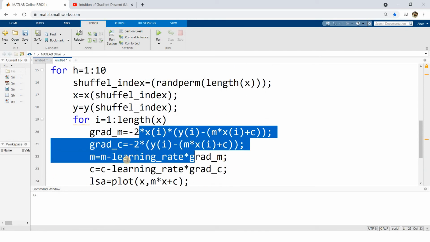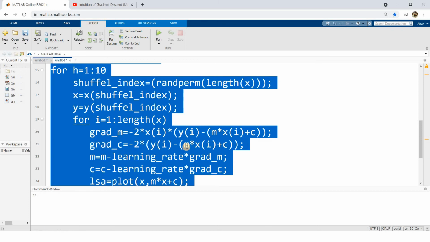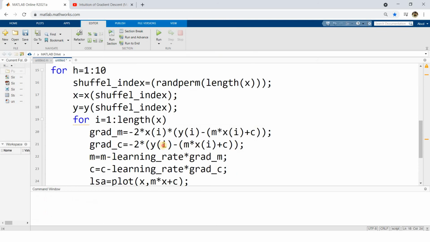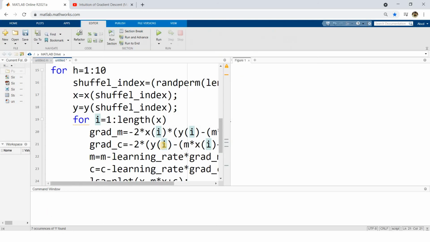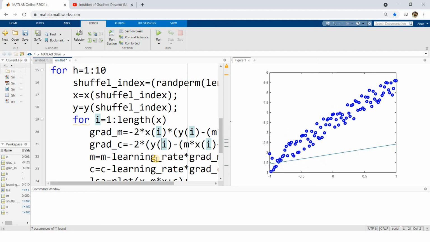Each time we are updating the slope and intercept based on a single data point. That's stochastic gradient descent, and it works much faster if my dataset is quite huge. You can understand that the computation will be faster. But there is a possibility that as we are doing the updation based on one single data point, it might lead to an improper solution also. It might happen.